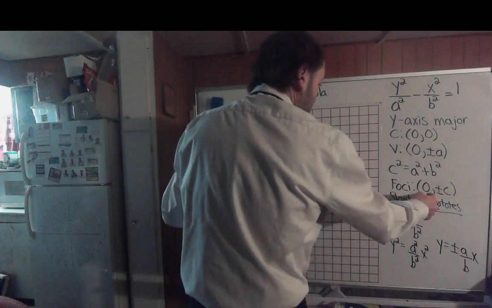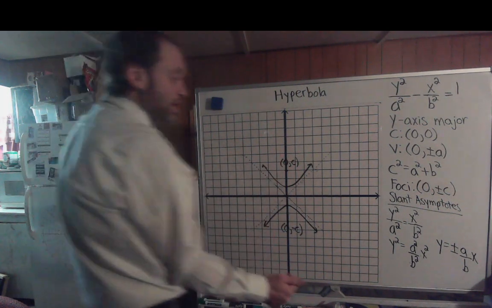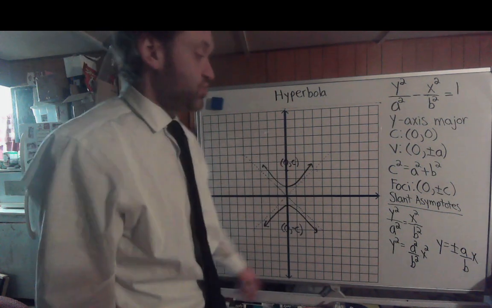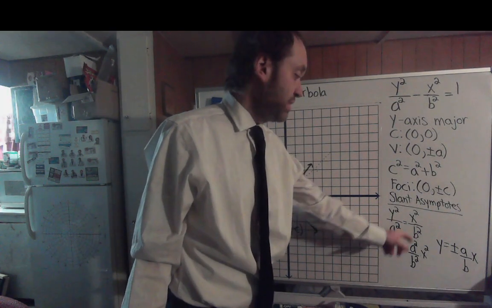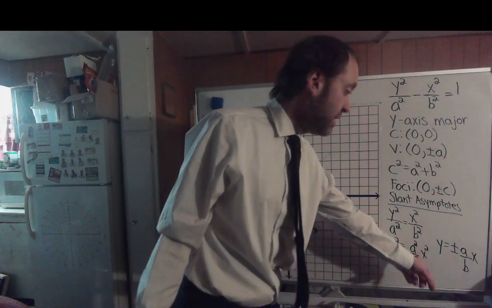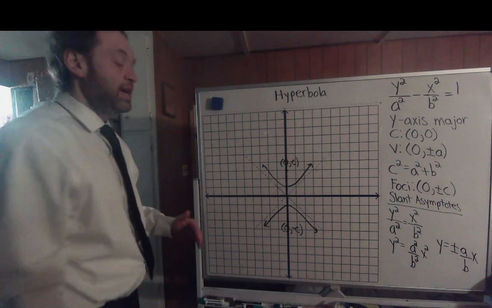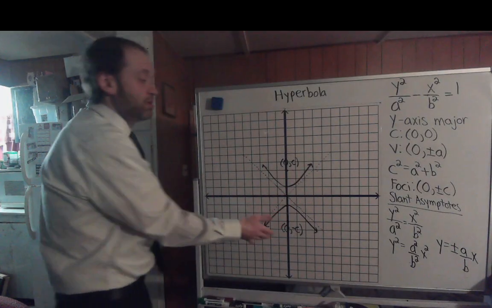So your foci would be 0, plus and minus c, which I've labeled here on the graph. And then again, you're going to have two slant asymptotes. Just set y squared over a squared equal to x squared over b squared and solve for y. You get y equals plus and minus a over b times x. Those slant asymptotes help to guide the shape of your curve.